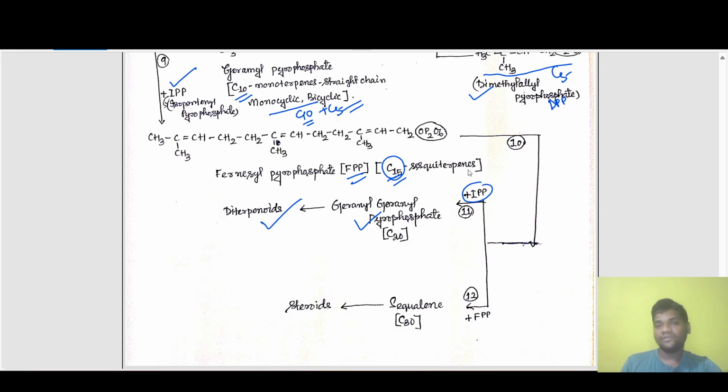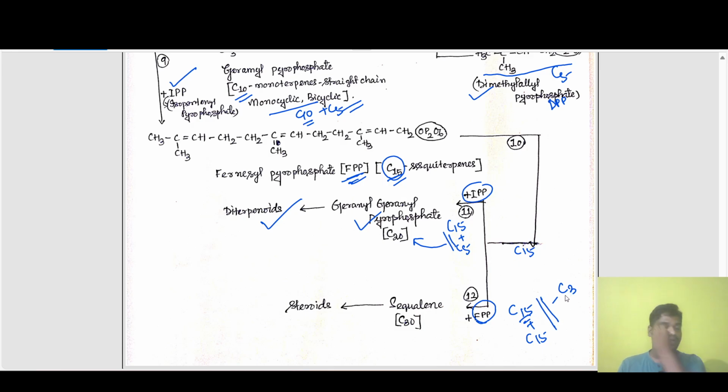And if this C15 compound combines with another FPP, farnesyl pyrophosphate, another C15 type of compound, then the total will be C30.